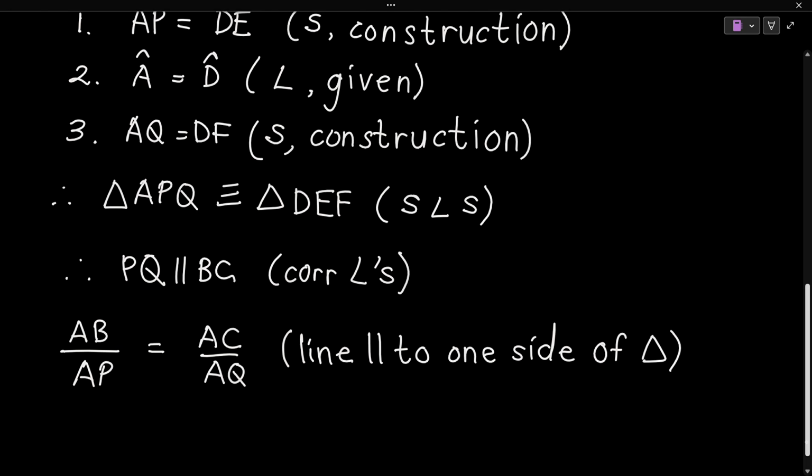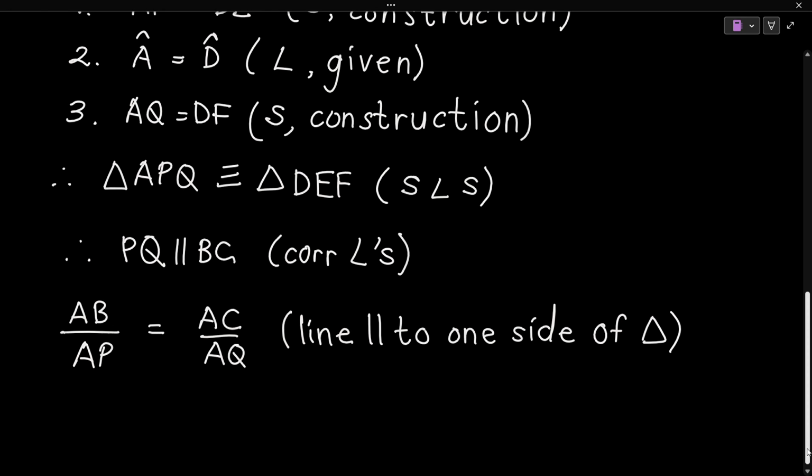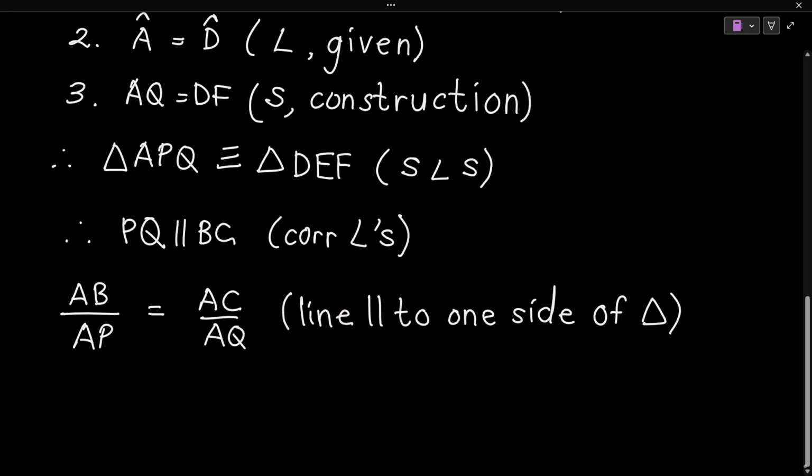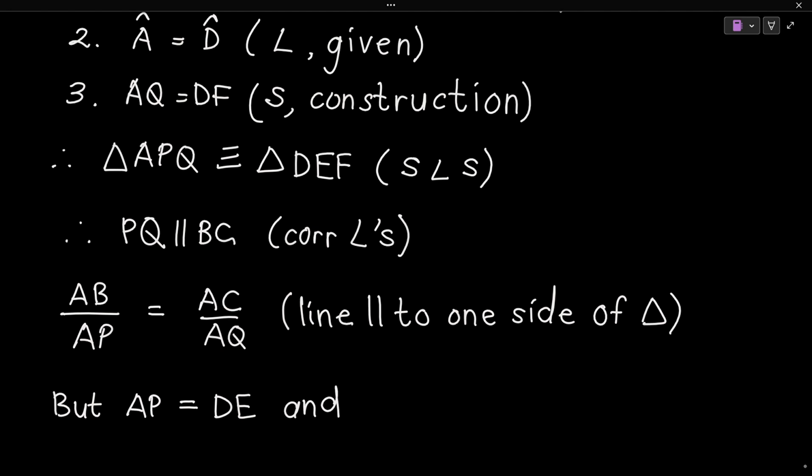Now, at the same time, we notice that we have in our construction mentioned that AP is equal to DE, and we have also mentioned that AQ is equal to DF.